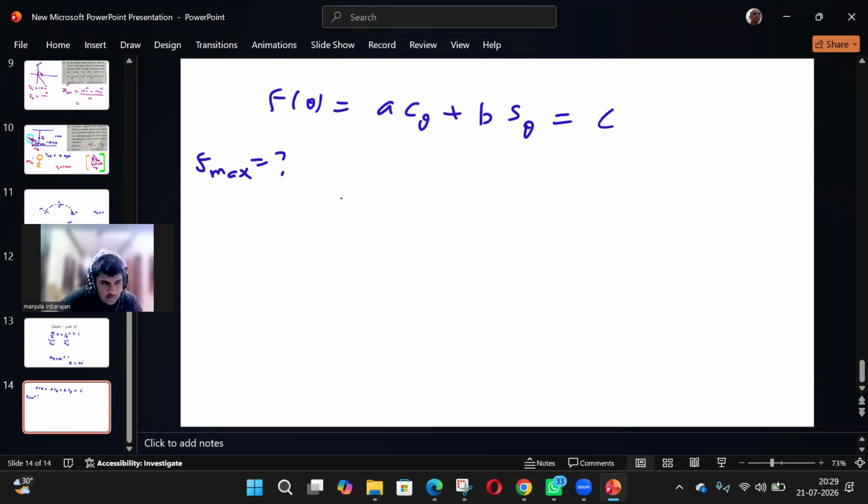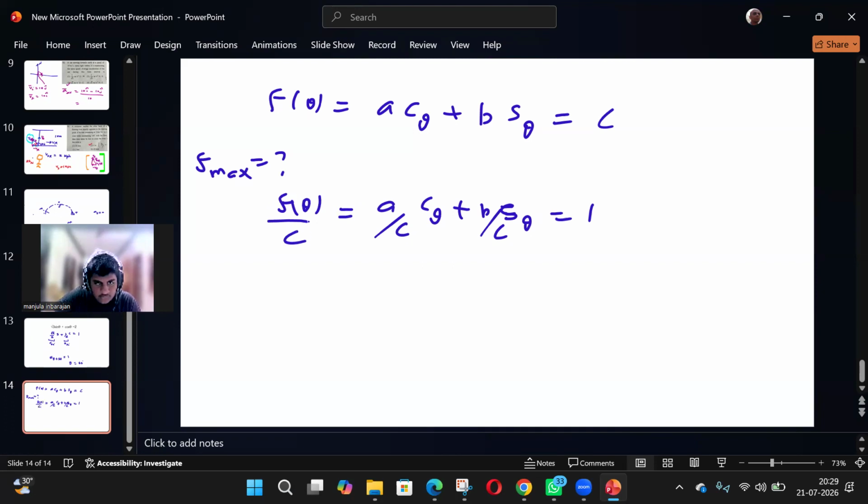The standard way is to bring the c down: a by c cos theta plus b by c sine theta equal to 1. This is nothing but f of theta by c.